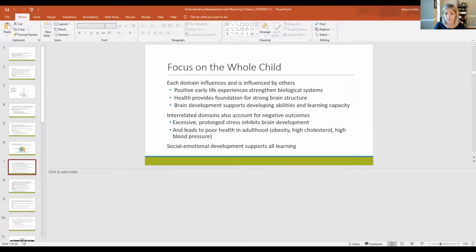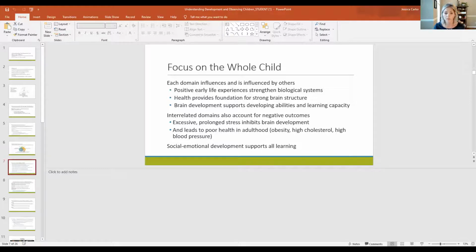Some key points just to be aware of as it relates to this focus on the whole child are that positive life experiences strengthen biological systems. We're going to talk a bit about brain development, and brain development is what supports the developing abilities and the child's learning capacity. And then health, good health is the foundation for strong brain development.